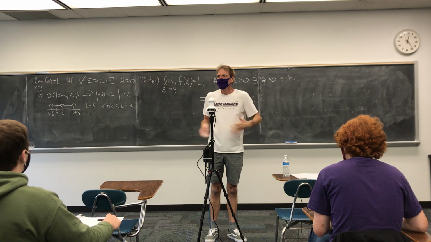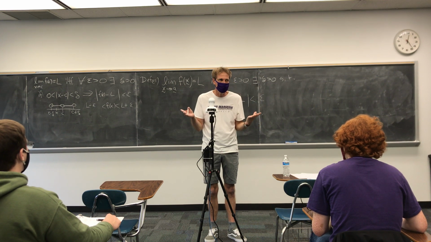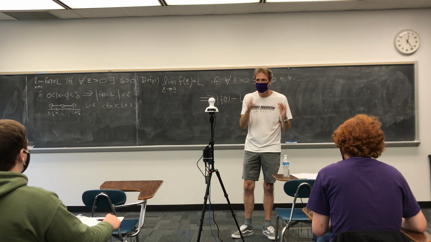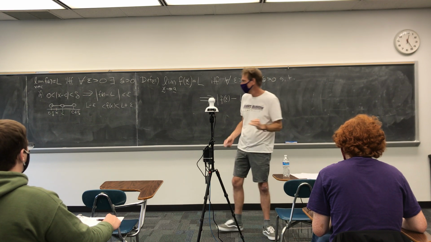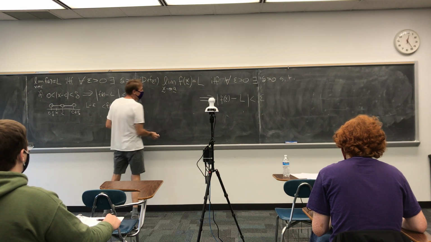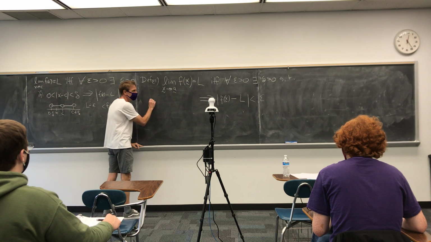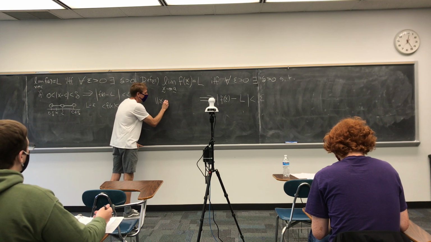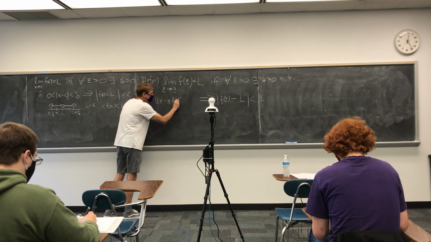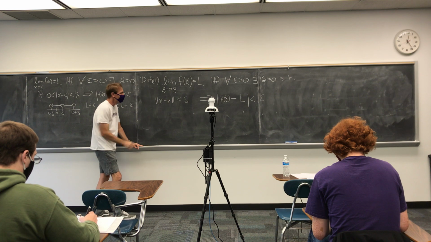What's the extension of distance to vectors? The norm, and that's where we go. If and only if, for every delta greater than 0, such that the norm of x minus a is less than delta.